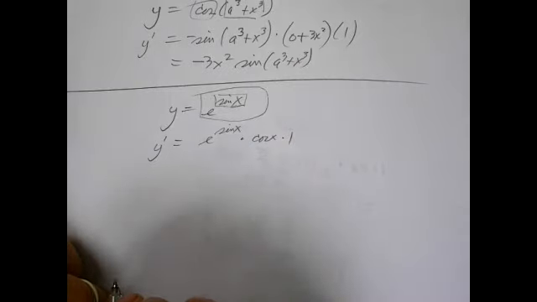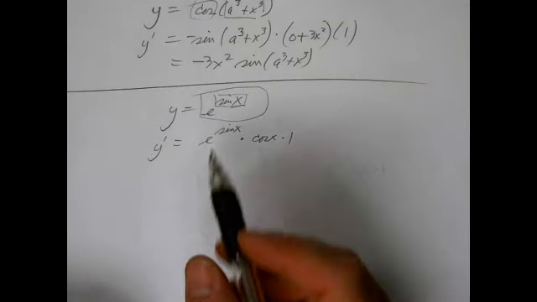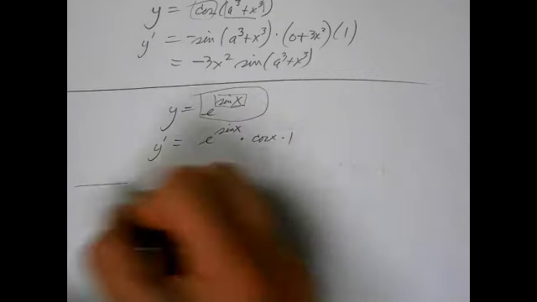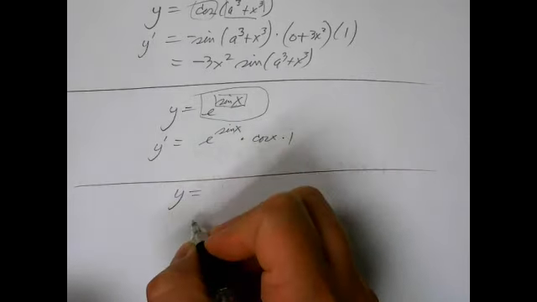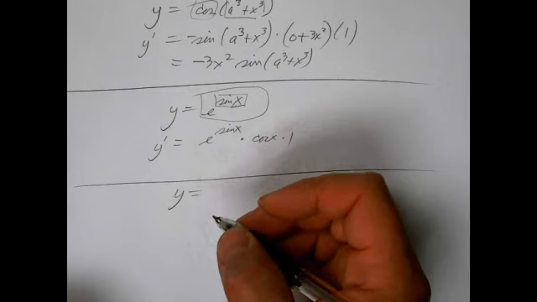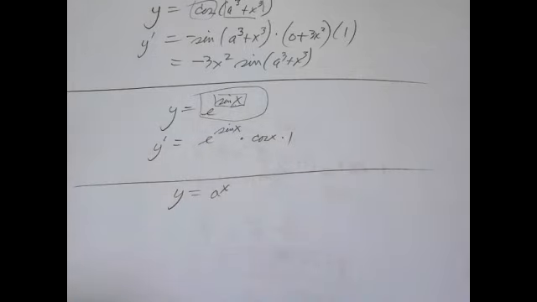Now this is very handy, so that you can take the derivative of other exponentials. Again, remember the derivative of e to the x is e to the x. But if you had y equal to something like a to the x, I want to use an a just so it can represent any other base, you have to use your properties of logs here.